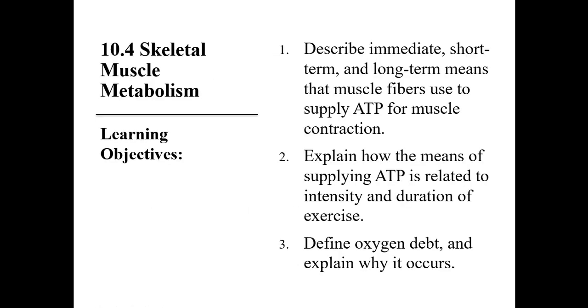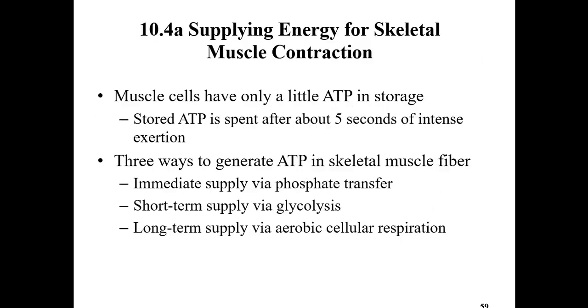Okay, now the author switches gears and talks about the energy source for a muscle. So these are the same three energy sources that I mentioned on a previous slide. The first one was creatine phosphate, which I said was quick, short, and provides very little energy, just short bursts of contraction.